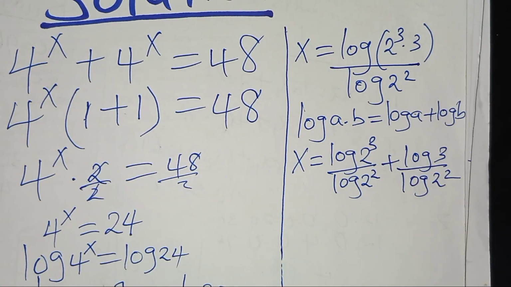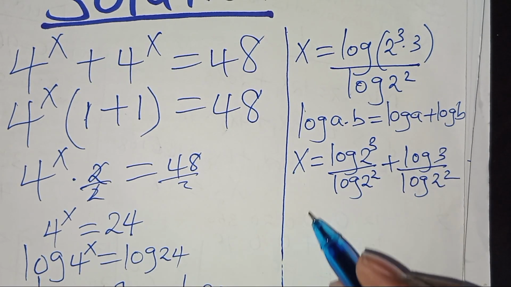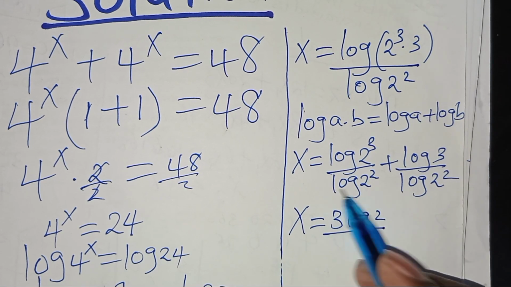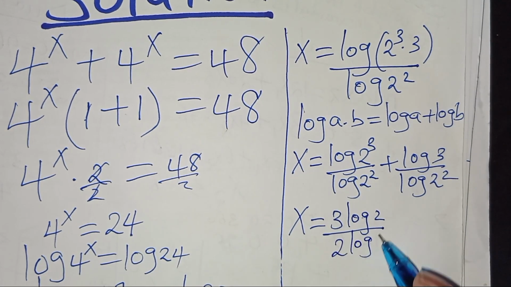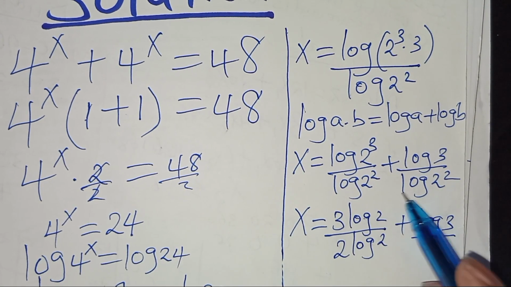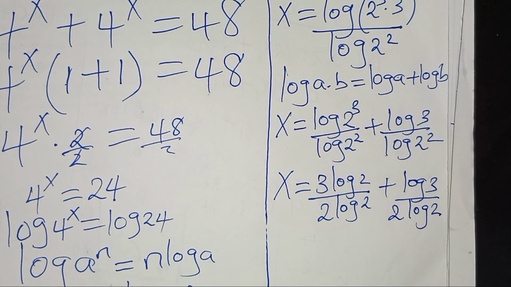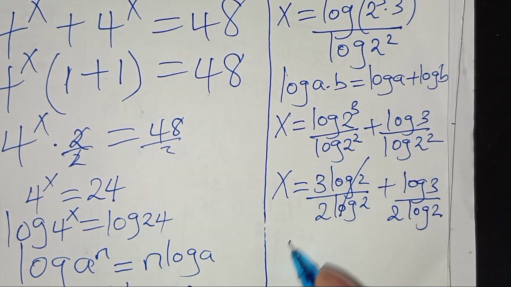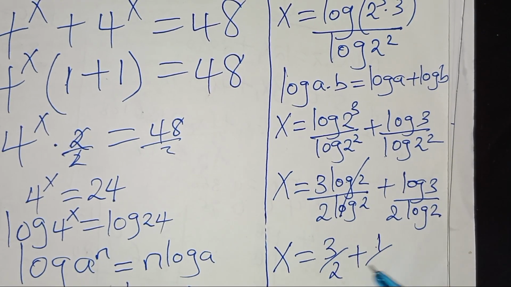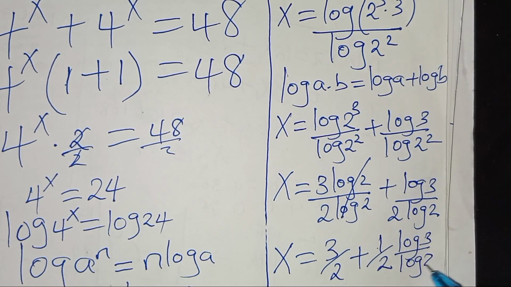From here, applying the power rule property, log 2 to power 3 becomes 3 log 2 divided by 2 log 2, plus log 3 divided by 2 log 2. Let's simplify, so that now x is equal to 3 over 2 plus half log 3 divided by log 2.